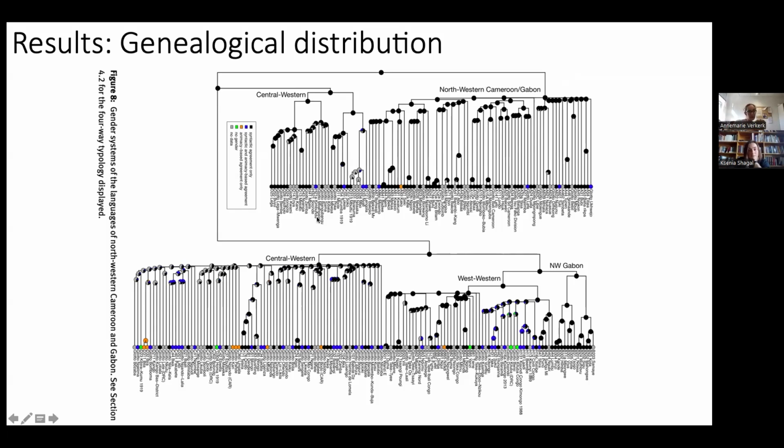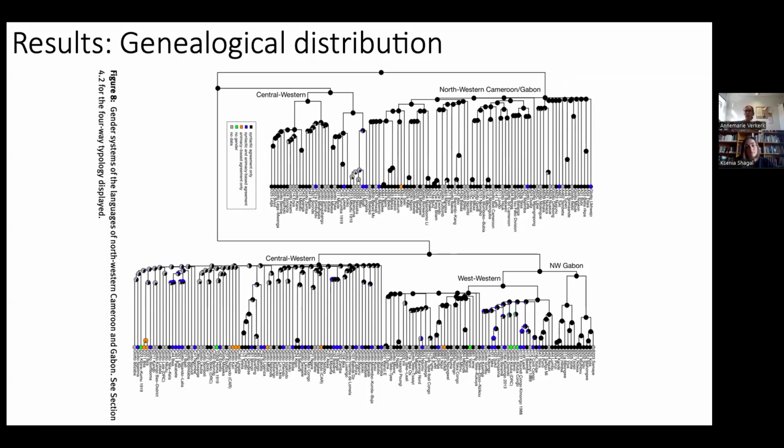And what we wanted to see is whether languages that have similar gender systems also pattern closely together in the family, right? So this would mean that what type of gender system you have is not just random, but there is some kind of phylogenetic signal, right? And this was important for us because we wanted to use phylogenetic comparative methods to study change in these gender systems.